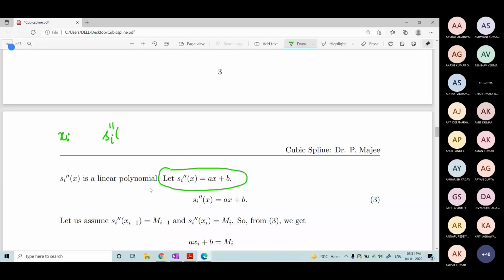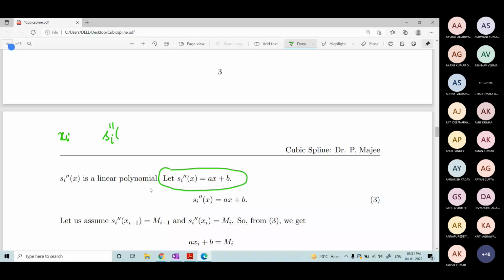Once you get these two values of C1 and C2, you substitute these values in equation number 5 to get S(x). So if you substitute, you will end up with equation number 6. So this is the formula for each S(x), each piece. How to find each piece?